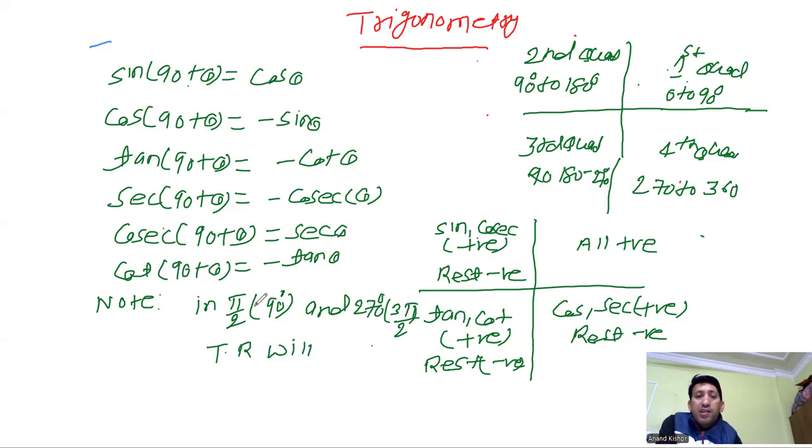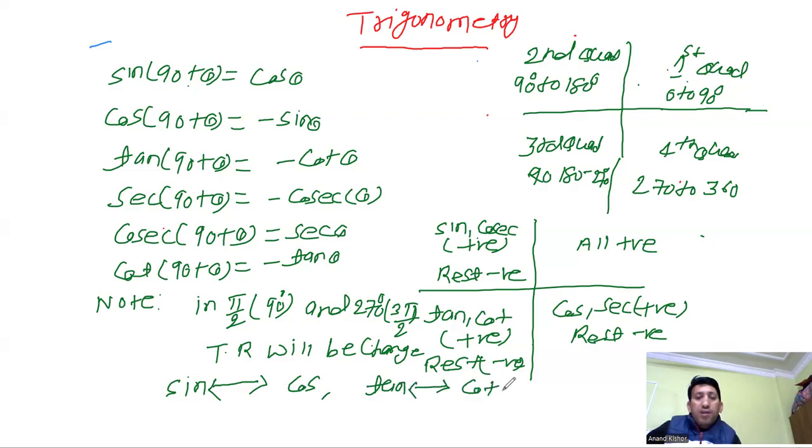That's why I'm writing here that in 90 and 270 the trigonometrical ratio will be changed. It means sine becomes cos and cos becomes sine, tan becomes cot and cot becomes tan, and sec becomes cosec and cosec becomes sec.